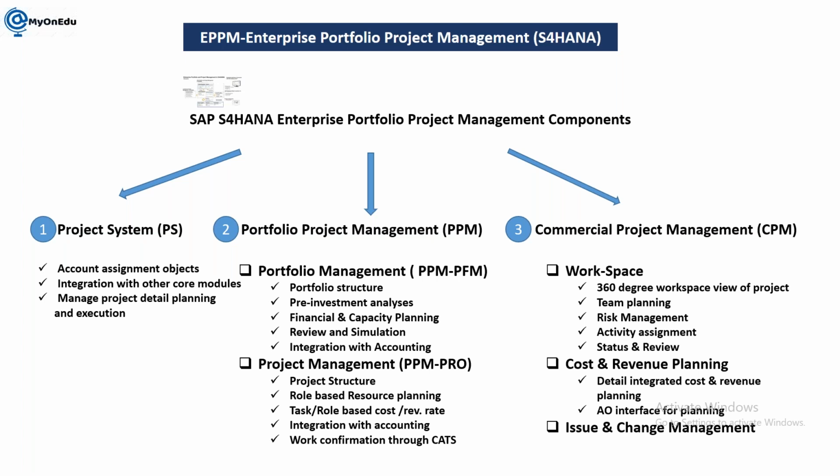Another question I have: what exactly is this pre-investment analysis in PPM? Let's say, for example, your requirement is coming in such a way that we are a manufacturing company, manufacturing some products. Some requirement is coming from the operation team that they need to modify their system. They need more efficiency, they want to produce more product.